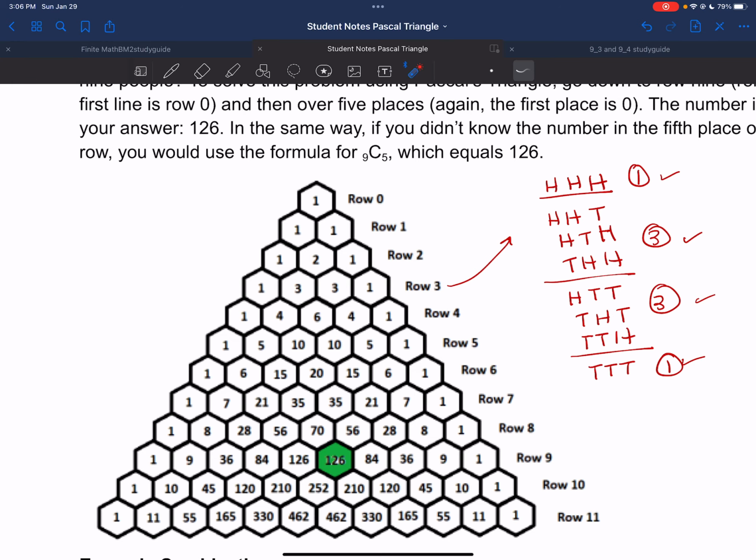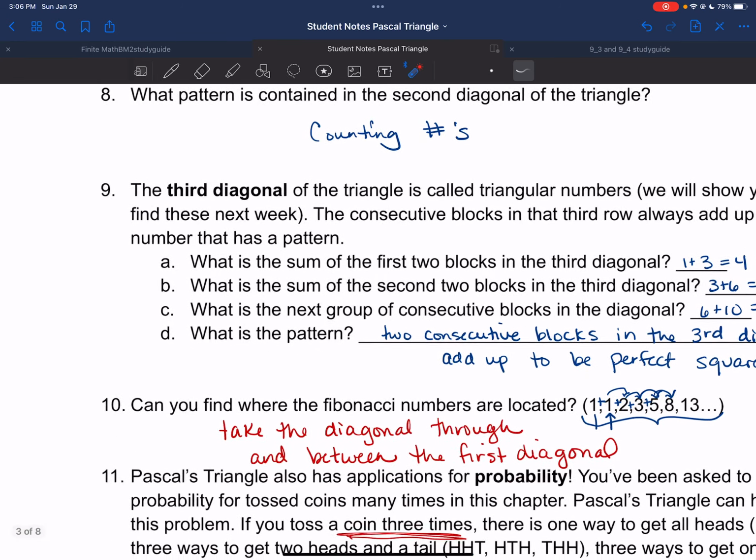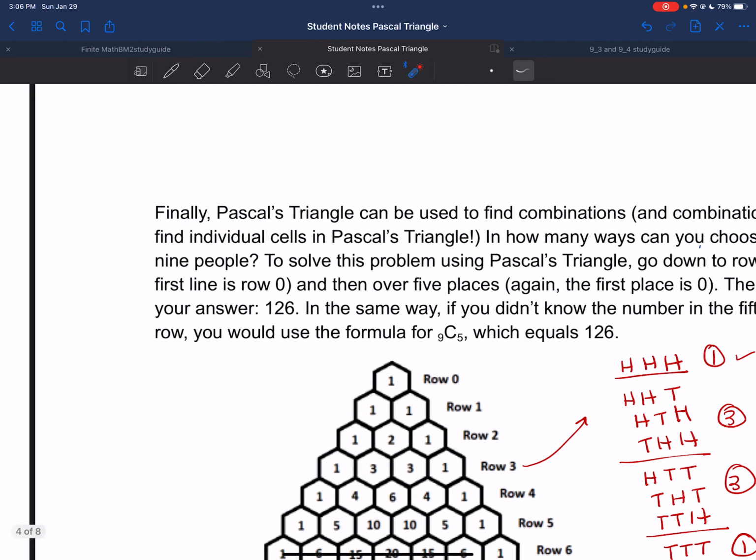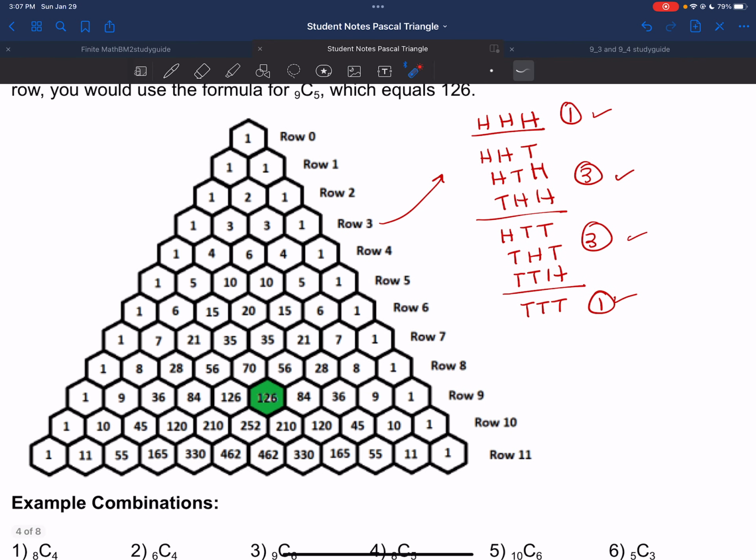This is the next question: can you find the probability for throwing 2 heads and 2 tails with 4 coins, or 4 tosses, either way. Well, I would go to row 4, and I'm going to have to break those down.